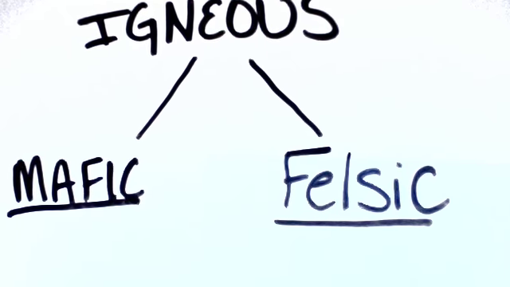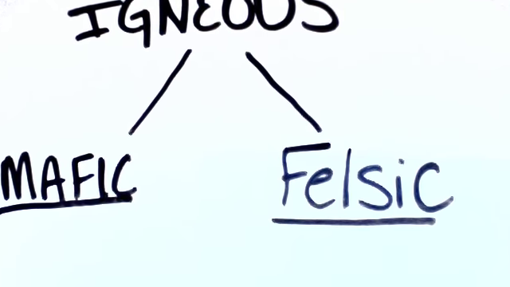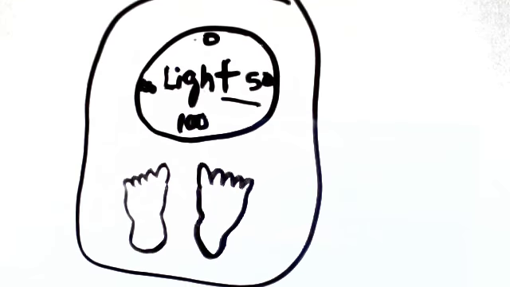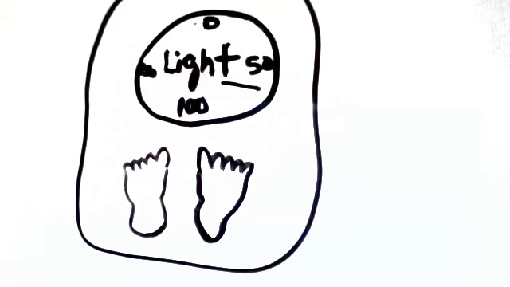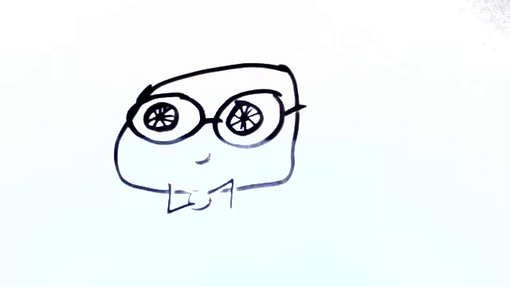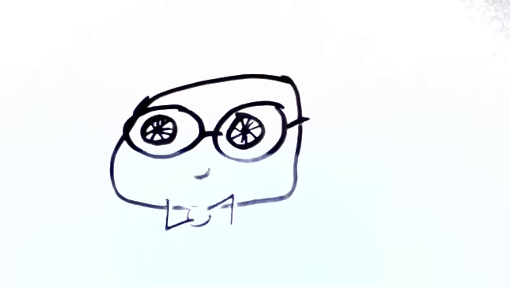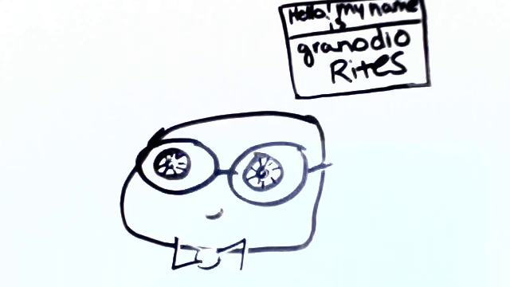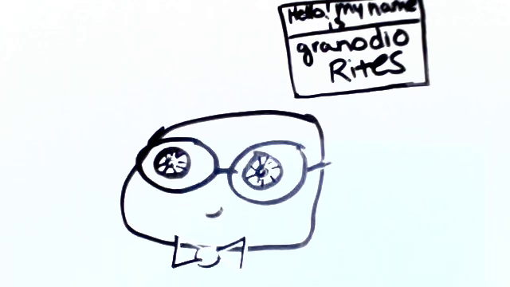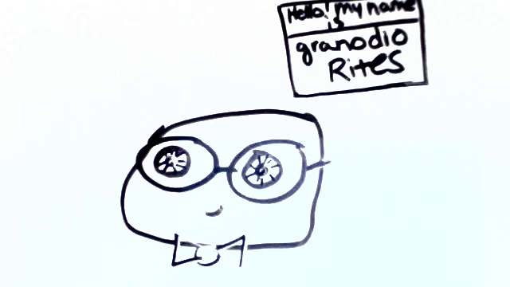The other type of igneous rock is felsic. This type contains high levels of silica and also other lighter minerals like potassium, oxygen, and aluminum, which gives it its lighter looking color. Granodiorite is an example of felsic igneous rock. It contains about 70% silica. Those classifications were more in depth.